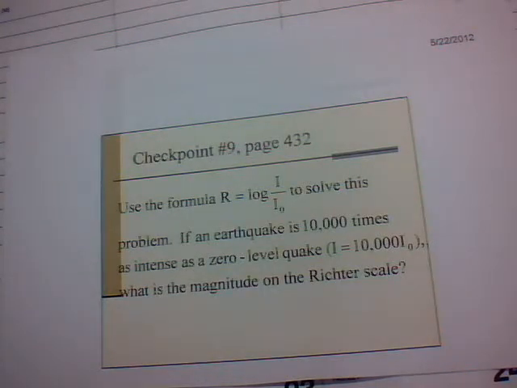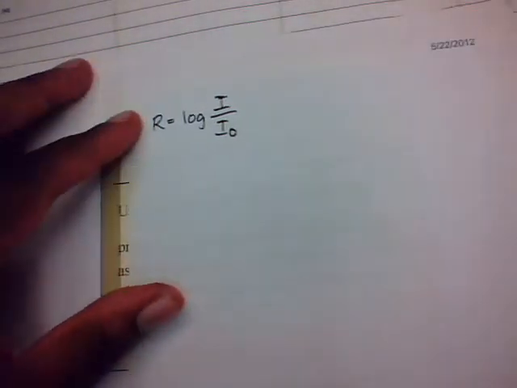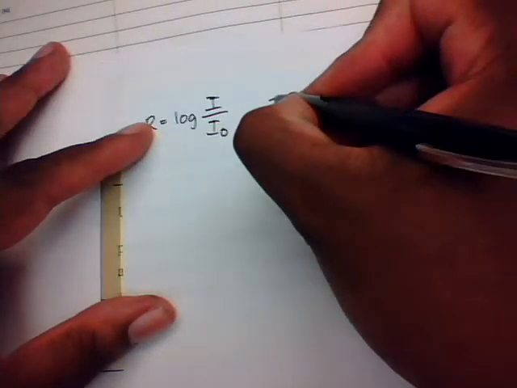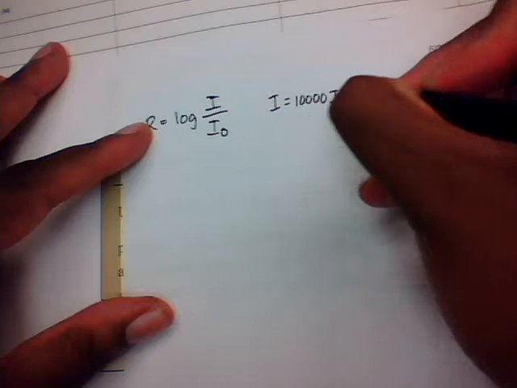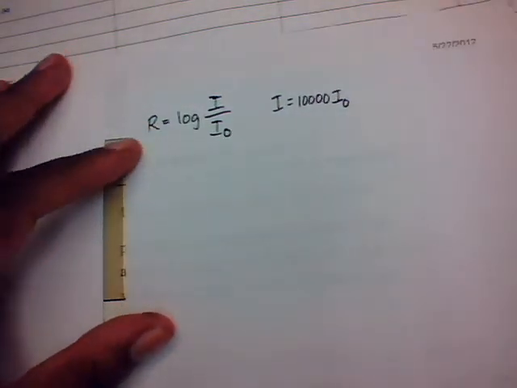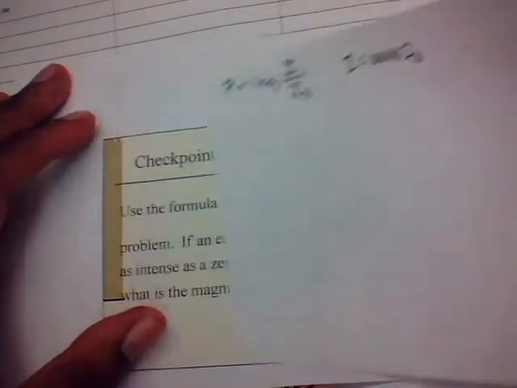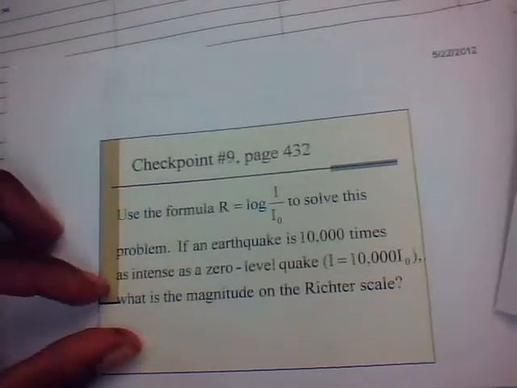If an earthquake is 10,000 times as intense as a zero-level quake, that's I is equal to 10,000 I sub 0, what is the magnitude on the Richter scale? So here, we're dealing with this formula, and we know that I is 10,000 I sub 0. That was given to us in that particular problem. And we want to find out what that magnitude is, which is R.